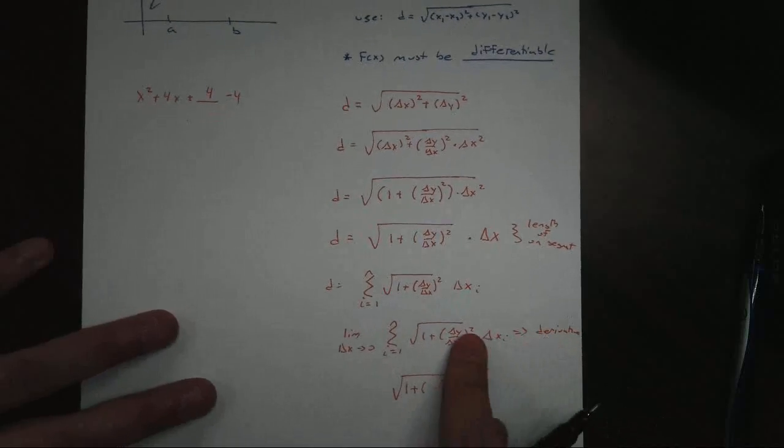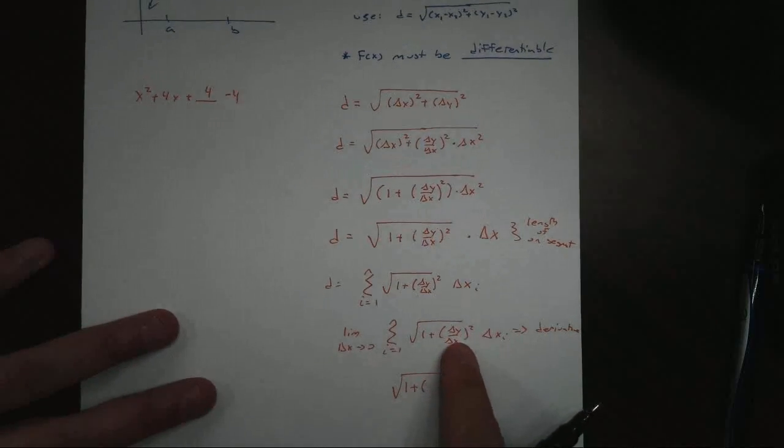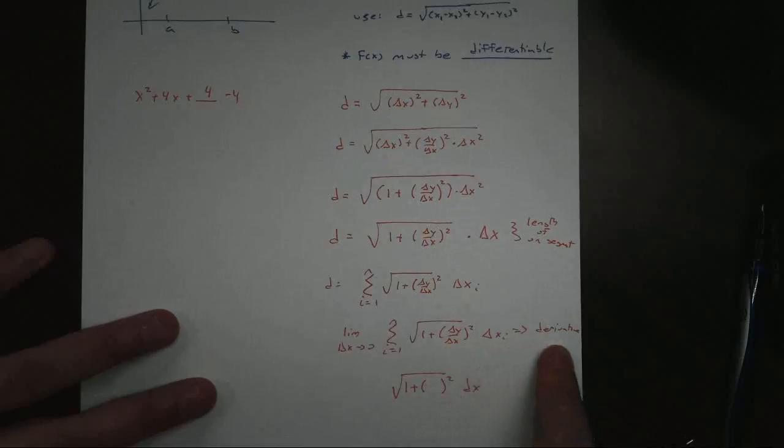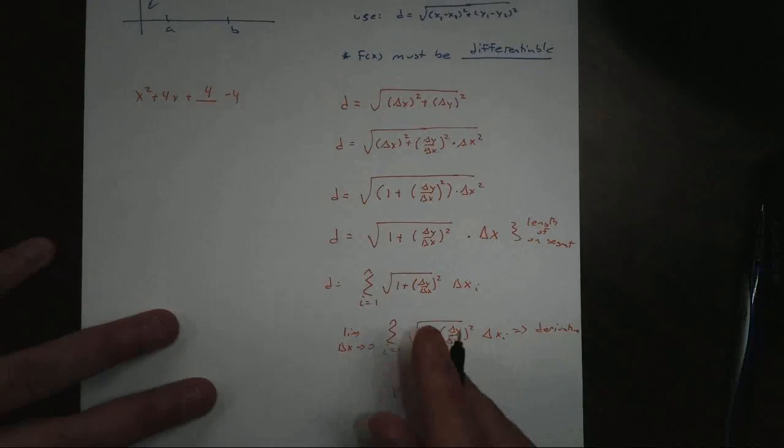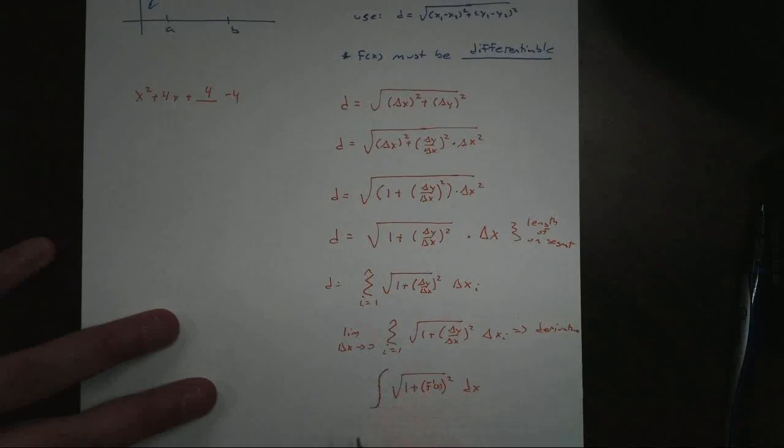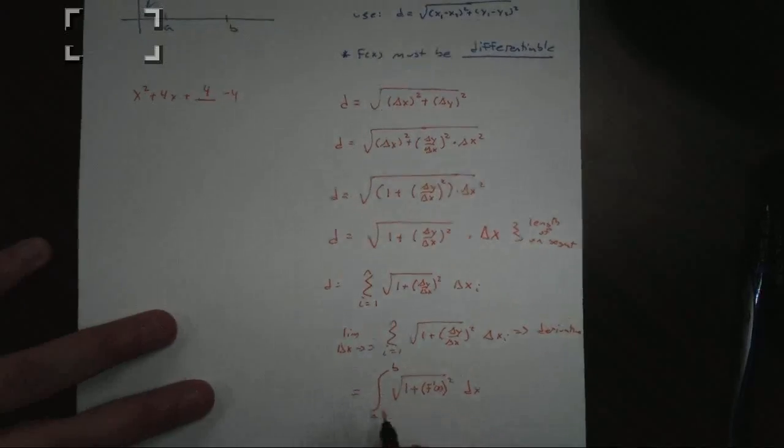Because it's a derivative, take a look. I have delta y over delta x. That's the slope. Well, we're already talking about derivatives now, so that just becomes f prime of x. And because I'm taking the limit as the number of segments goes to infinity, I'm going to get an integral. So I take the antiderivative from a to b, and that's going to give us our arc length.